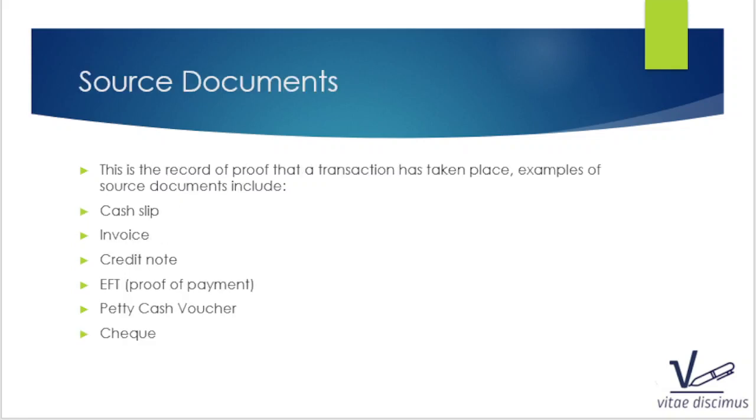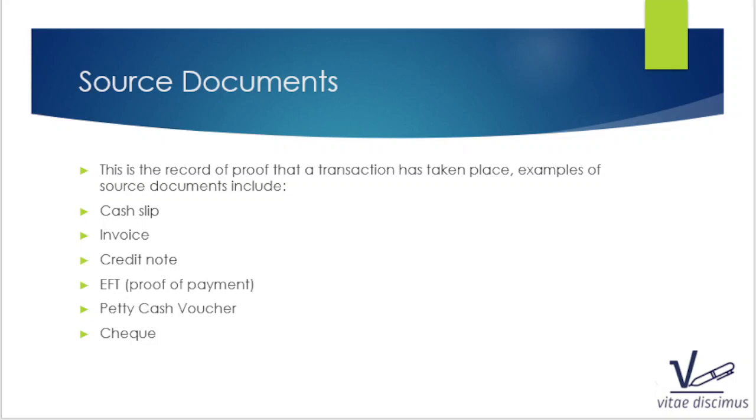So when transactions occur, then the description of those transactions and the monetary value of that, for proof that these transactions have taken place, that information needs to be recorded on source documents. Source document examples are cash slips, invoices, credit notes.